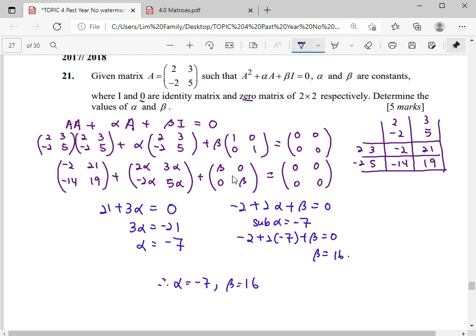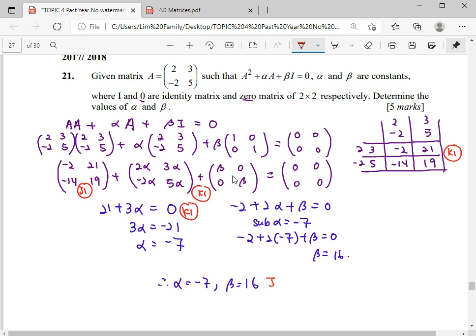So total here is 5 marks. Therefore, the first concept they want us to see is how we do the multiplication, matrices by matrices, and get to the answer of this. Then secondly, we multiply in our alpha and beta, and we come out the equation.